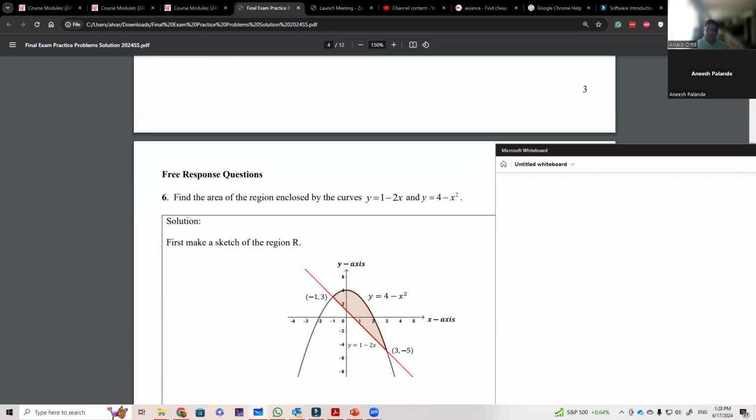Because the area between two curves is going to be defined as the integral of the curve on top minus the curve on the bottom. Okay. And then the limits of the integration. These points here are going to be the crossing points. So this and this are crossing points.